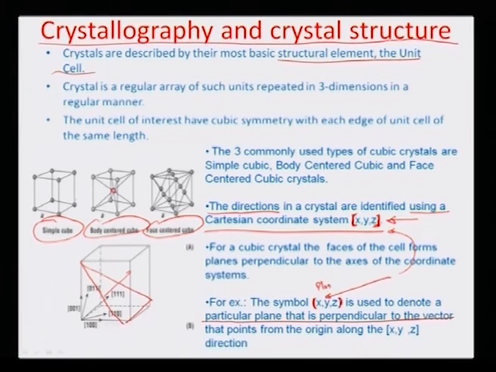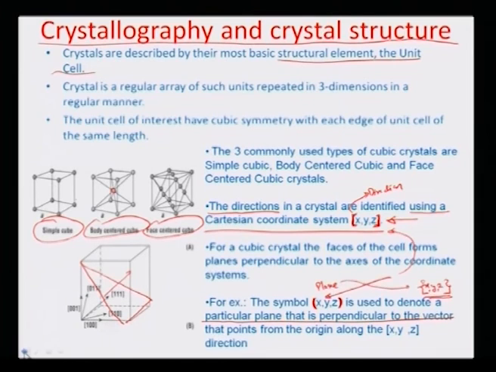So this is the plane, round bracket, and this is the direction, square bracket. And then of course a set of such planes is represented by these curly brackets, {x y z}, meaning all planes of type (x y z). So that is the nomenclature which you use for identifying planes in silicon as such.